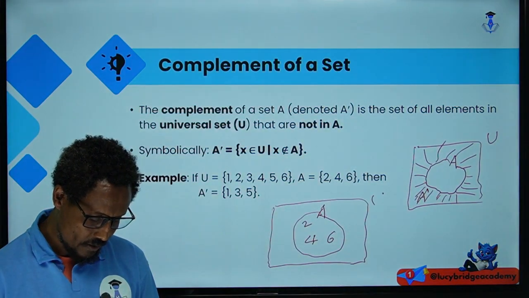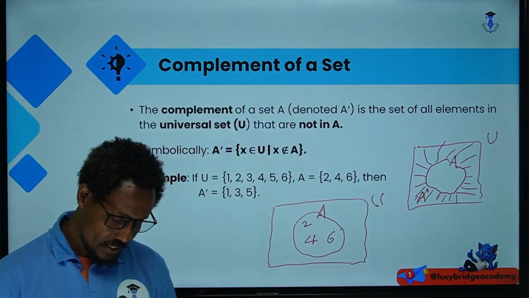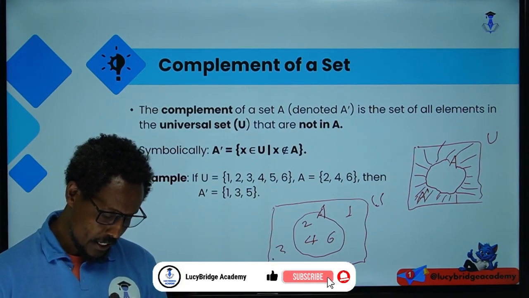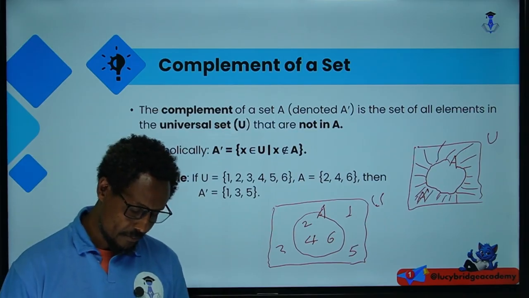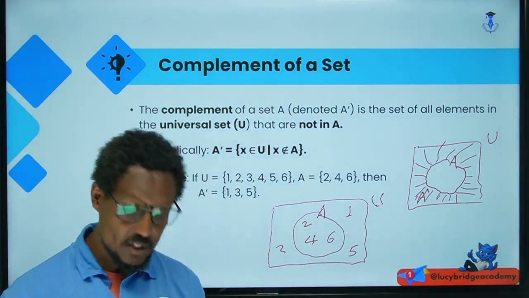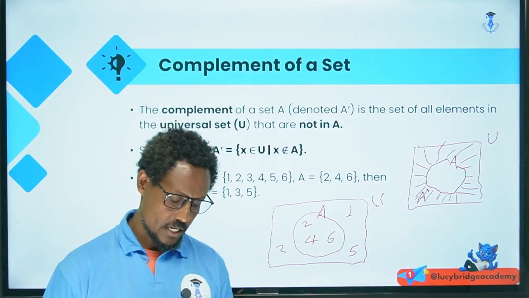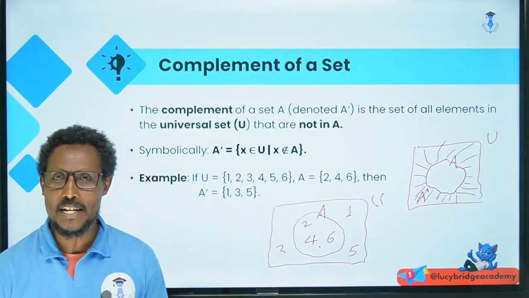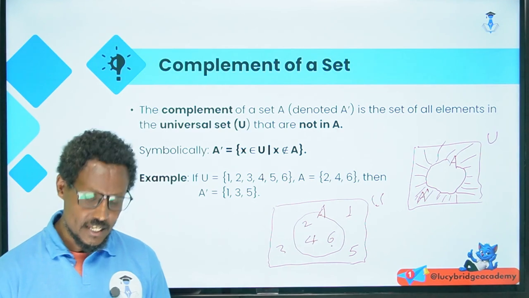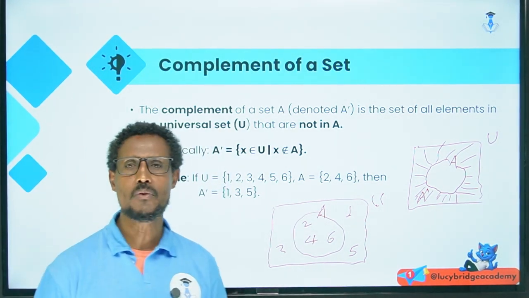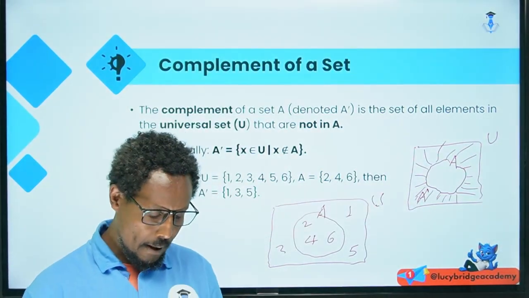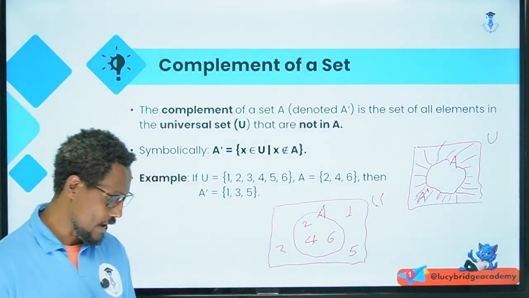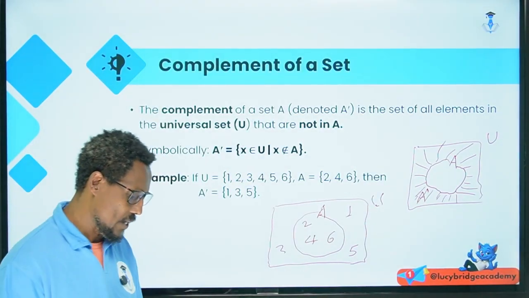This is our set A, and we have the universal set U. The universal set contains every element 1, 2, 3, 4, 5, 6, both in the box and in the circle, whereas 2, 4 and 6 are elements in A. 1, 3 and 5 are not in A, but they are in U. Therefore, A complement means not in A but in the universal set, which is 1, 3, 5.